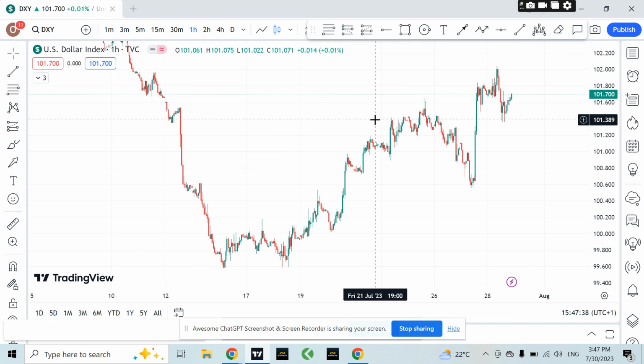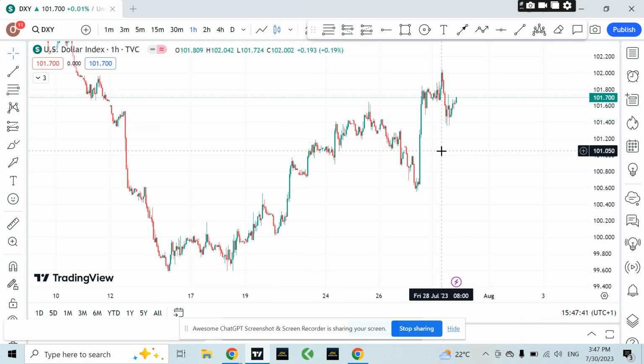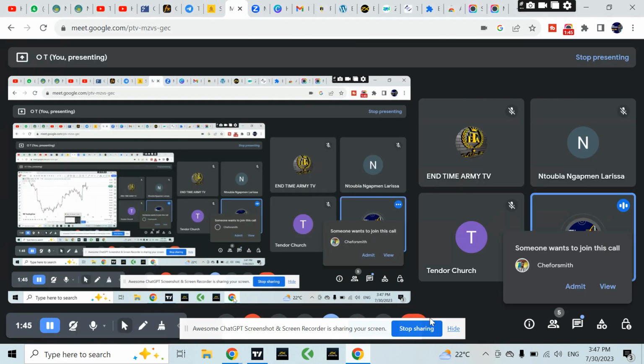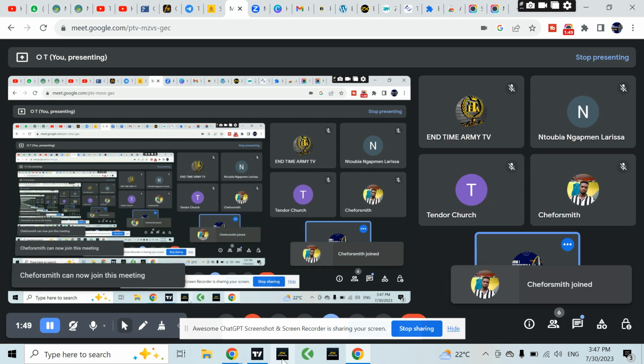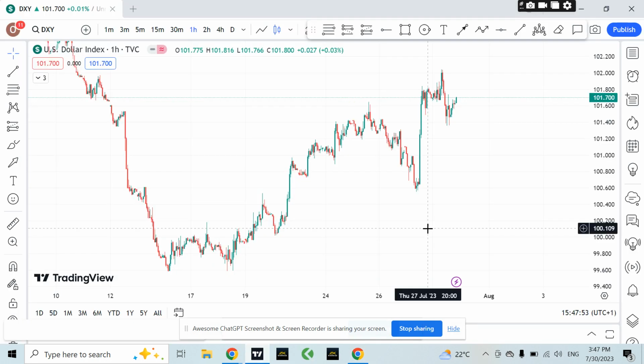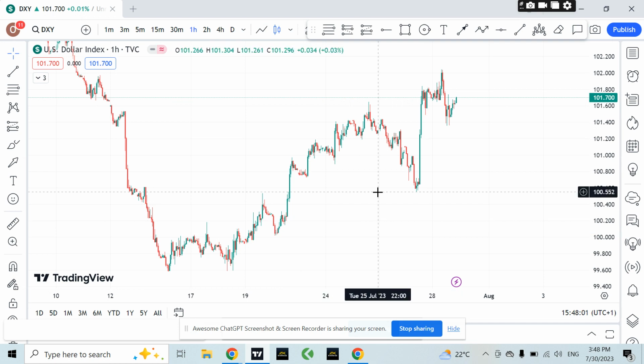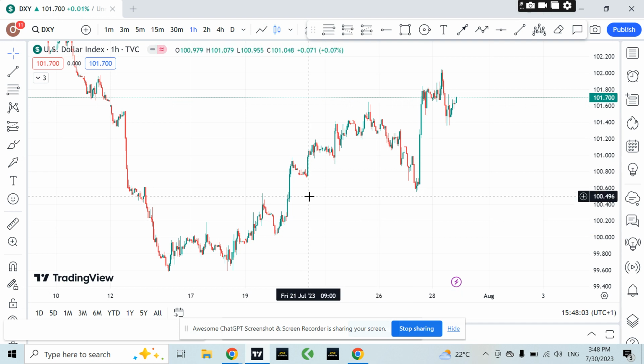This is the DXY, and you have to note that when analyzing, you have to do a top-down analysis, starting from the higher time frame to the lower time frame, where you want to get your precise entries on the lower time frame, 15, 5 minutes, 3 minutes.